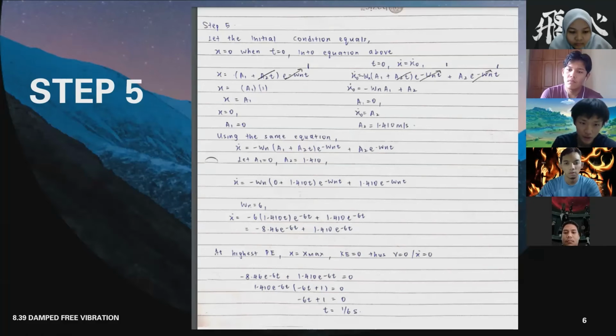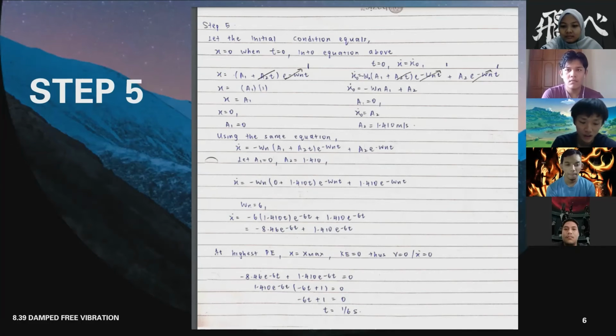Using the equation we obtained just now, x equals (a1 plus a2 t) e negative omega n t, which is the critically damped equation, and the second equation which Dia showed after differentiating, we obtain both a1 and a2 from the initial conditions. With x equals 0, a1 will be 0, and when we substitute t equals 0 and x dot equals x naught dot, we obtain that a2 equals x naught dot.